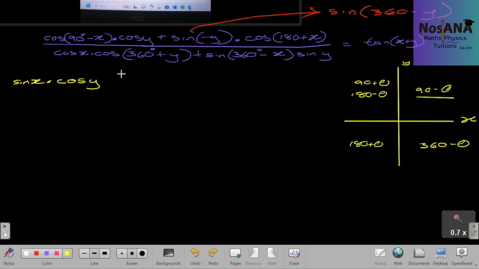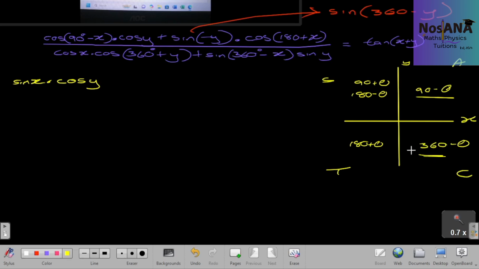Only cos is positive in here, right? Why? Because All Students Take Cake or Coffee or Coca-Cola, right? So now we see that this is the quadrant that we have for sine(360 minus y).